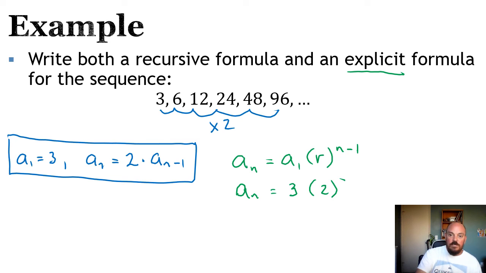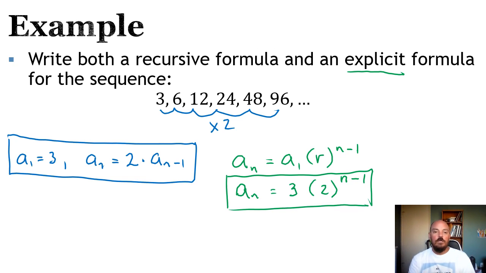We'll leave the n minus 1 for our formula. Leave the n minus 1, that's better. And that is our explicit formula. So these are both formulas for that sequence.